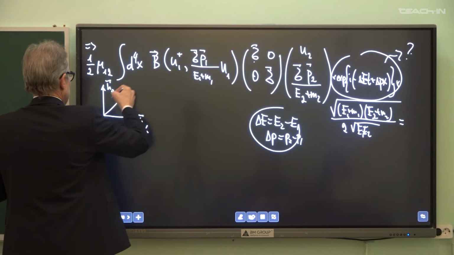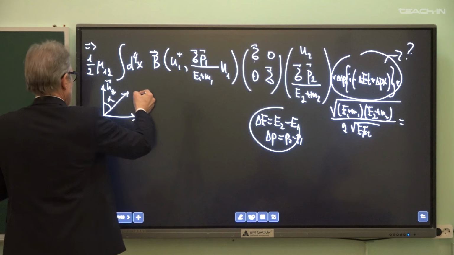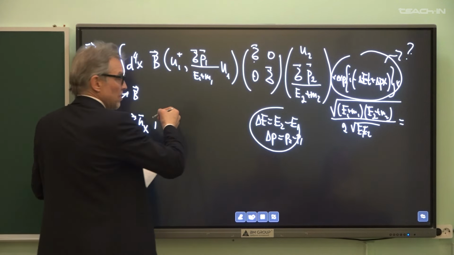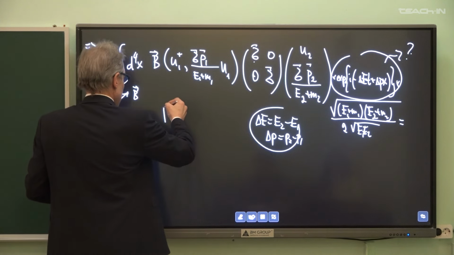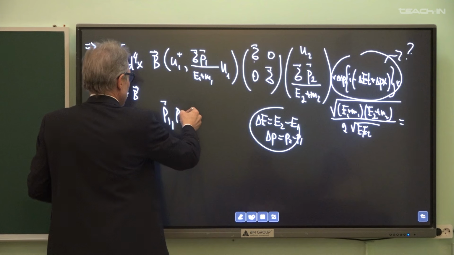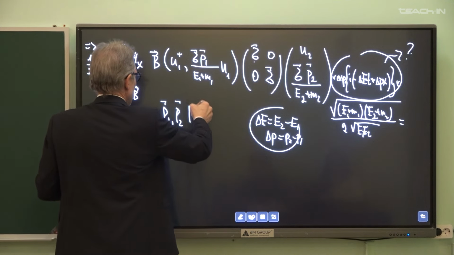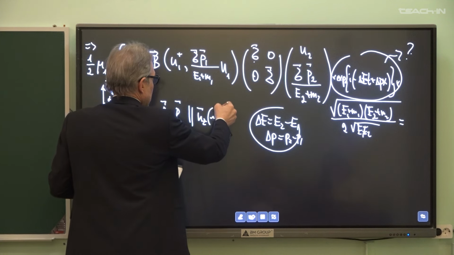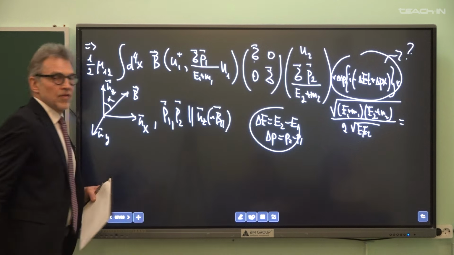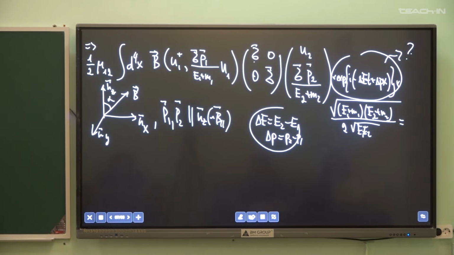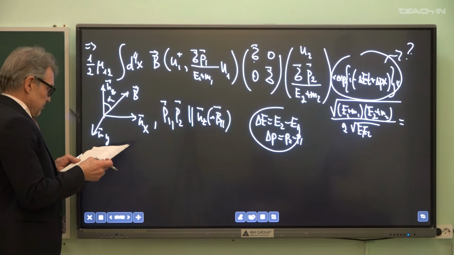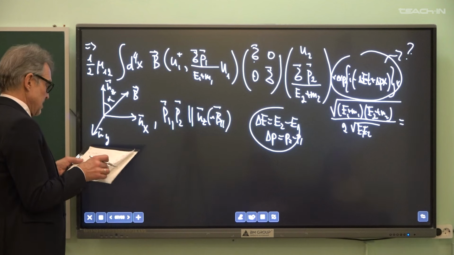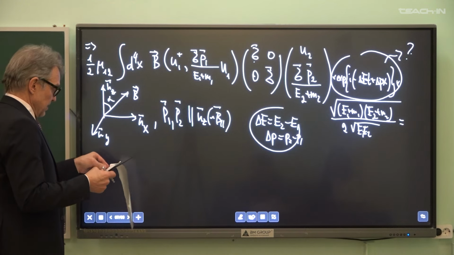So this is alpha, and this is the vector of the magnetic field, and we suppose, without loss of generality, that neutrinos are moving, both states, along nz, that is, along the longitudinal component of the magnetic field.